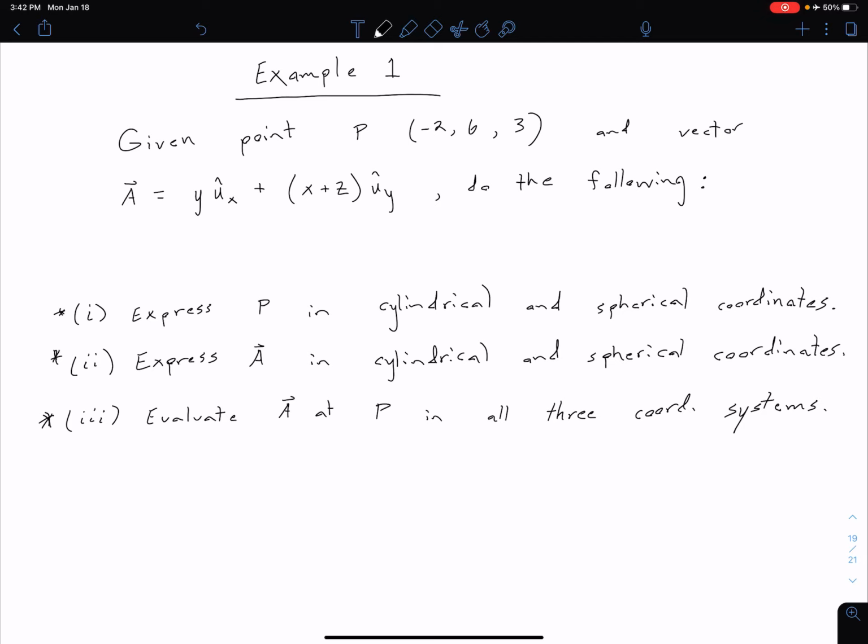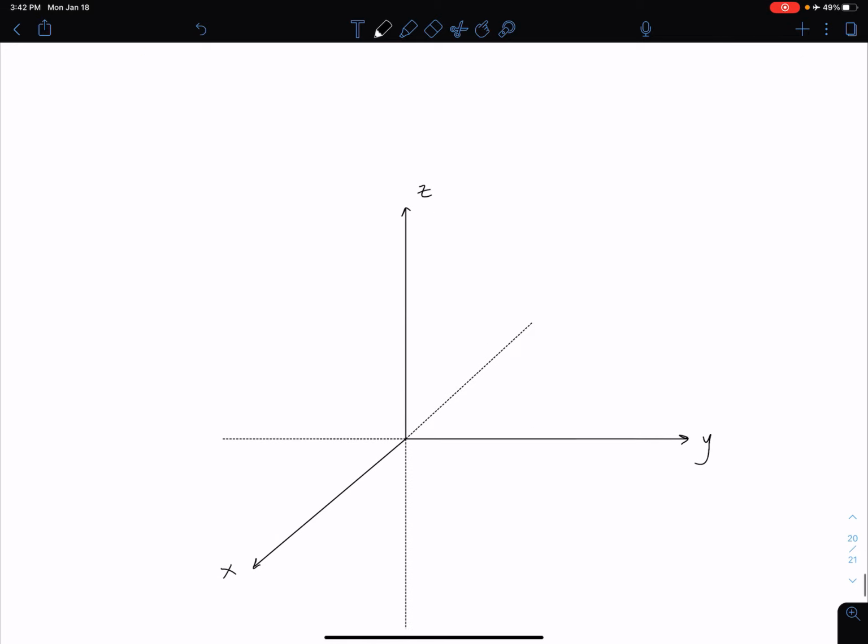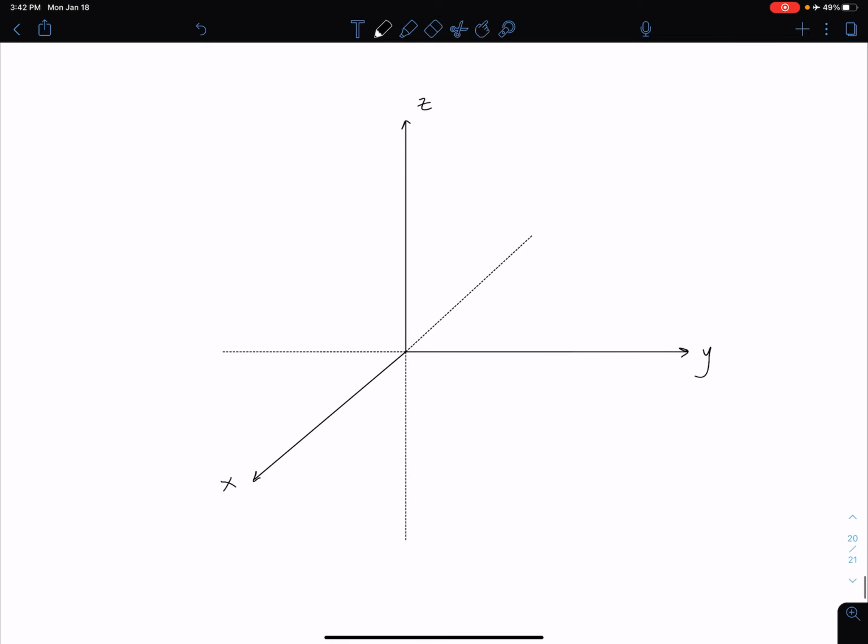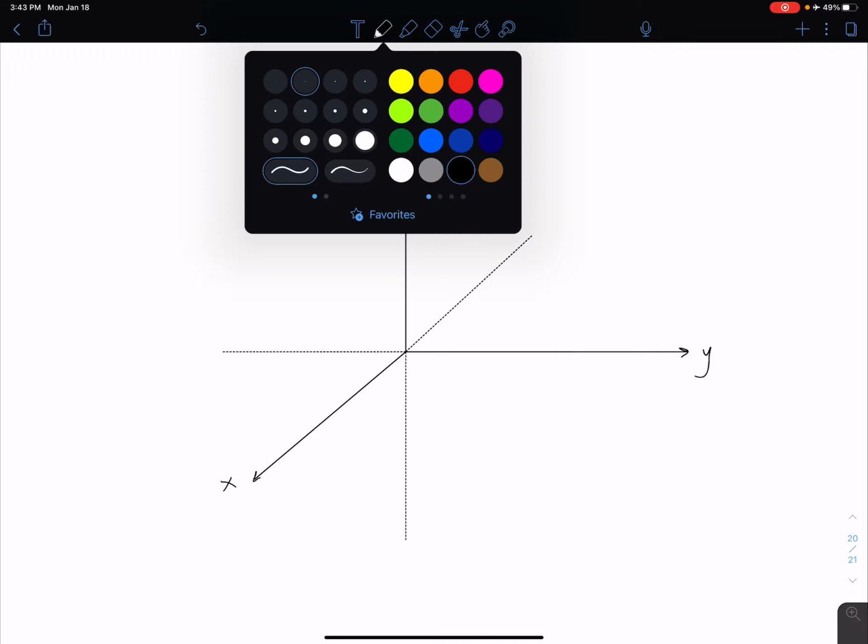So let's go ahead and do this for our simplest case in Cartesian coordinates. Of course, we have our point P and our vector A given in Cartesian coordinates in our problem statement. Actually, before we do that, let's remind ourselves what this looks like in our 3D space. So I have X, Y, Z axes all plotted here. And so our point P is at -2, so let me switch to a different color.